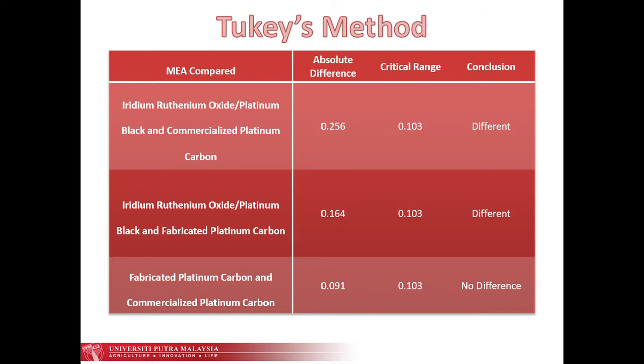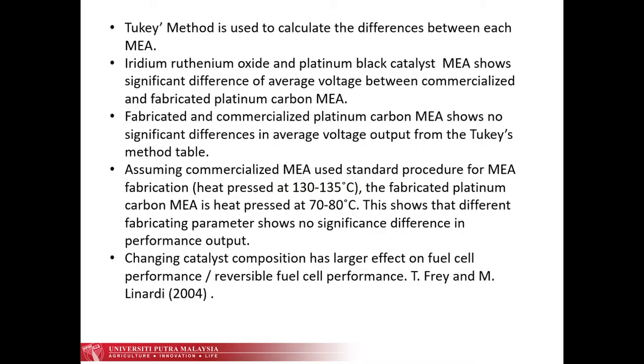Further analysis is done to calculate the difference between each of the MEAs. It can be seen that the iridium platinum oxide and platinum black catalyst MEA shows a significant difference of average voltage output from the commercialized and fabricated platinum carbon MEA. The fabricated and commercialized platinum carbon MEAs show no significant difference in average voltage output from the Tukey method table. Assuming the commercialized MEA uses the standard fabrication procedure, which is heat press at 130 to 135 degrees Celsius, the fabricated platinum carbon MEA was heat pressed at 70 to 80 degrees Celsius.